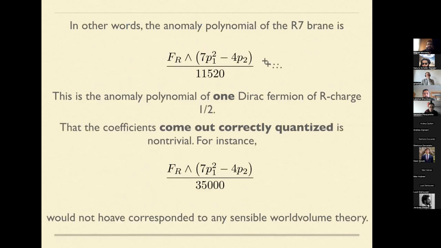If the R7 brane didn't exist, if the cobordism conjecture, that all the configurations have a boundary, was not working, these anomaly polynomials could have had any coefficients, because they come out by adding up things in kind of a random way. But when we did the calculation, it turns out that they exactly conspire to give you an anomaly polynomial of 1 Dirac fermion of R charge 1/2, what you would expect for a Goldstino, because this brane is breaking supersymmetry. So it is an indirect check that this object exists.